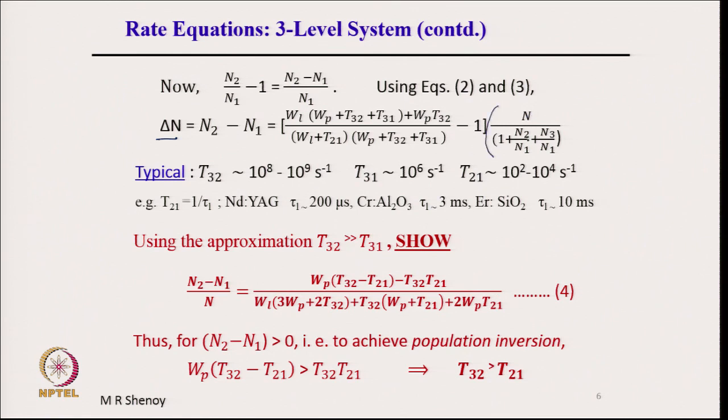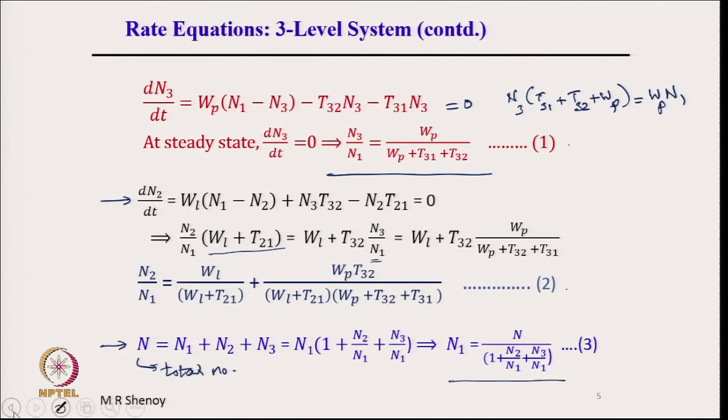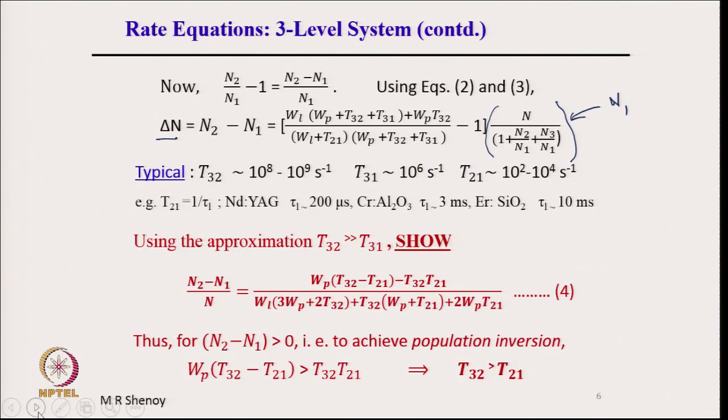The whole thing here is N1. Please see the previous equation. N2 by N1 is this expression here. So, we can have a common denominator and then we can get this expression. Up to this we have made no approximation at all.